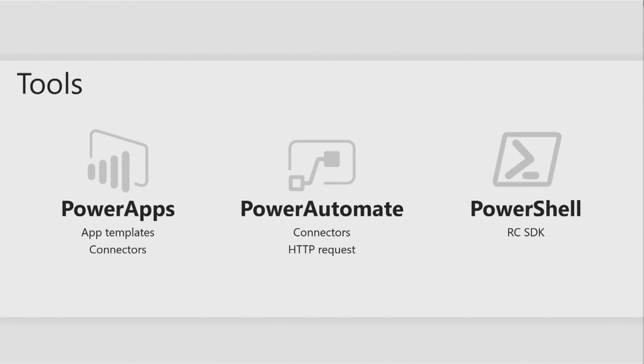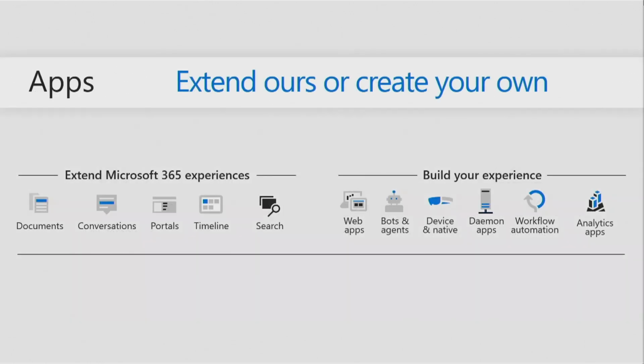Now let's talk about the applications that you can build. There's two things. One, applications that extend Microsoft 365 experiences, whether it is using documents or conversations and Teams tabs or bots or message extensions, or applications where you build your own experience separately, like your own web application or your own bot or a device app or a daemon application.